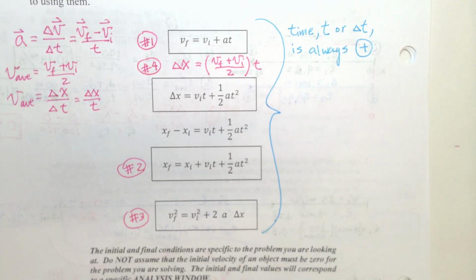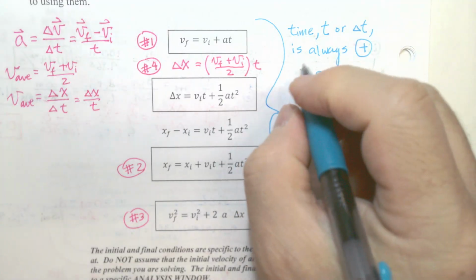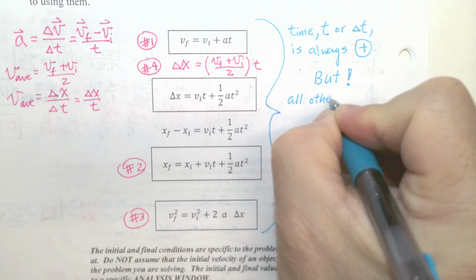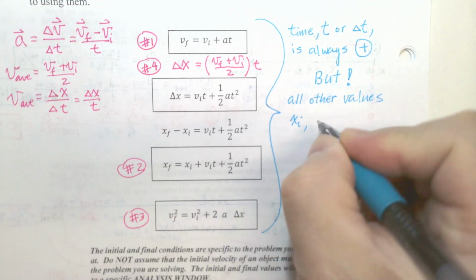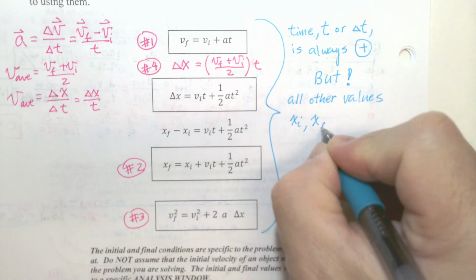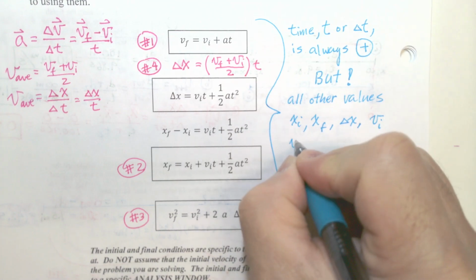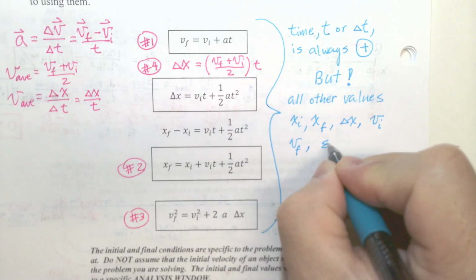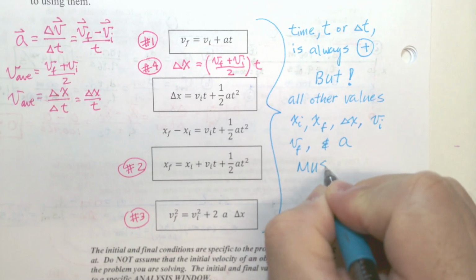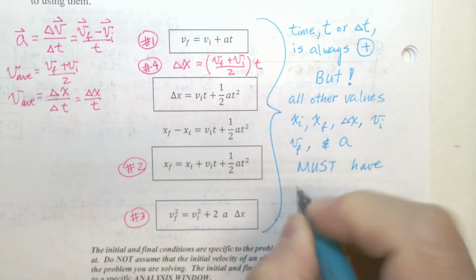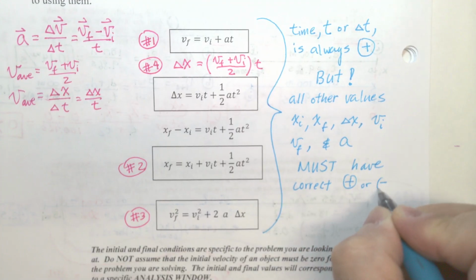But all other values, such as x initial, x final, delta x, vi, vf, and a, must have correct pluses or minuses.